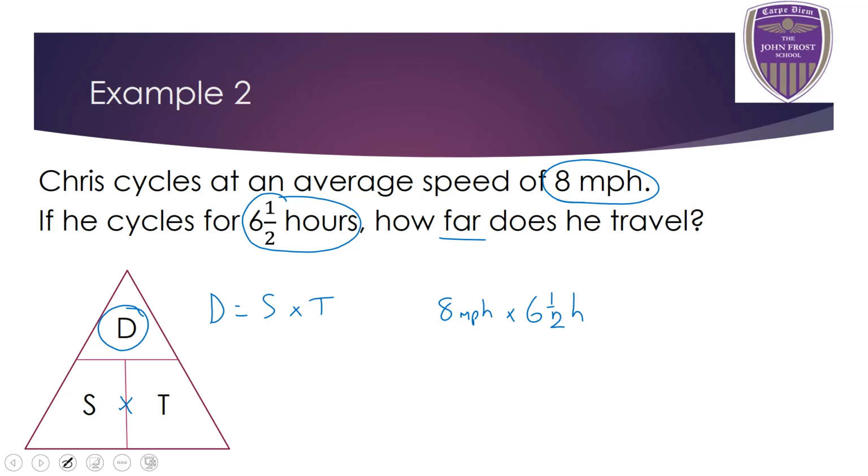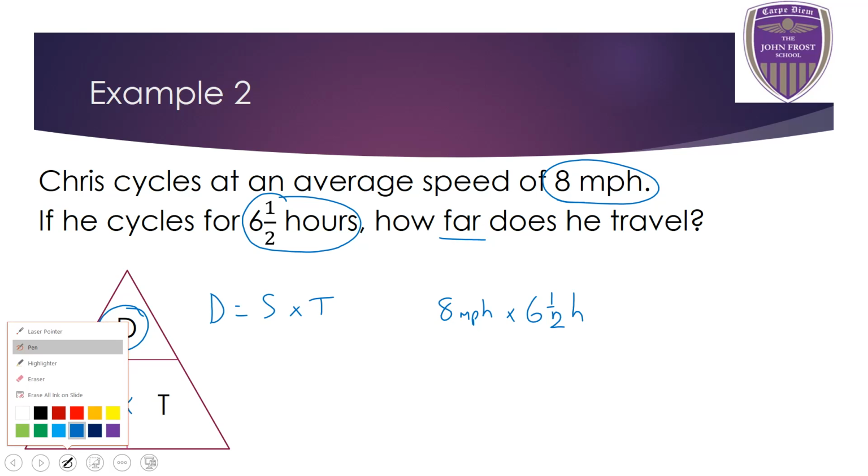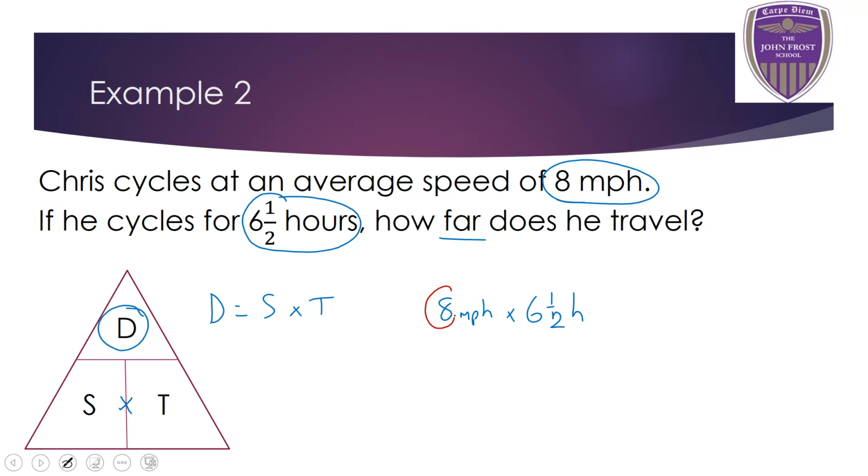Now, we could again focus on the numerical side of it. So really we want to focus on doing 8 multiplied by 6.5. There's different ways you can do that. You could break it down into 2 separate calculations by doing 8 times 6 and 8 times a half. 8 sixes are 48, and 8 times a half, or half of 8, is 4, and adding those two together will get you your total.